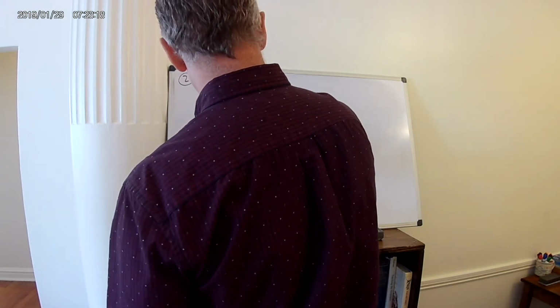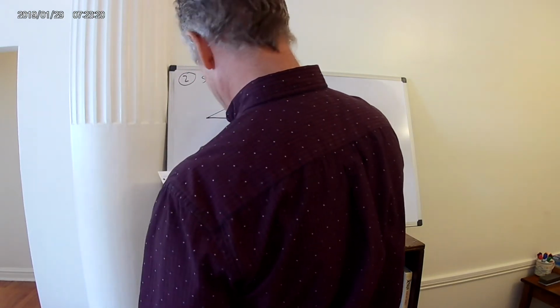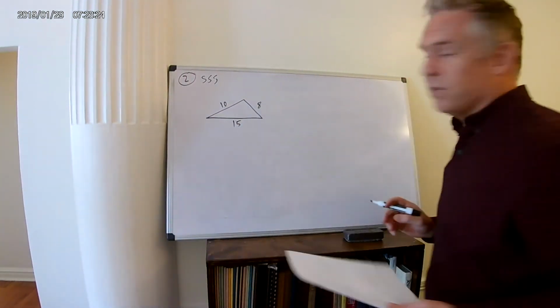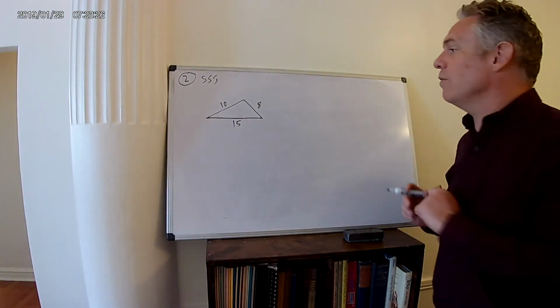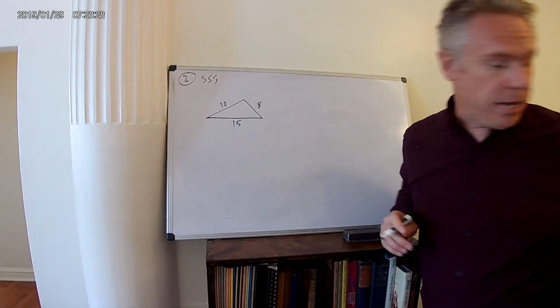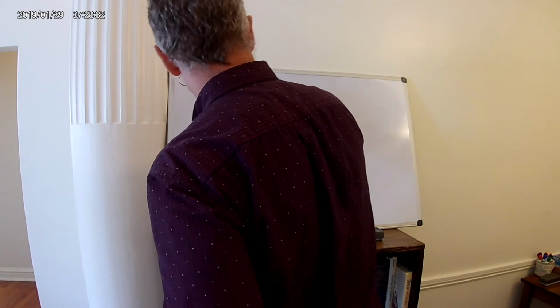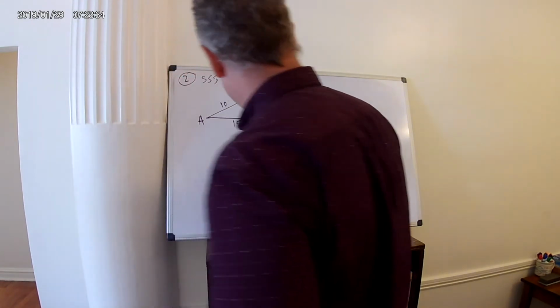This side is 15, this side has a length of 8, and this side has a length of 10. Okay, this is an SSS triangle because we know all the side lengths, but we don't know any angles. I'm going to label the angles here. This is angle A, C, and B.